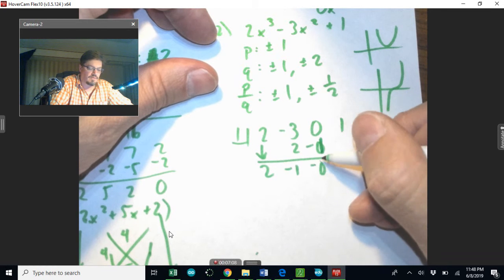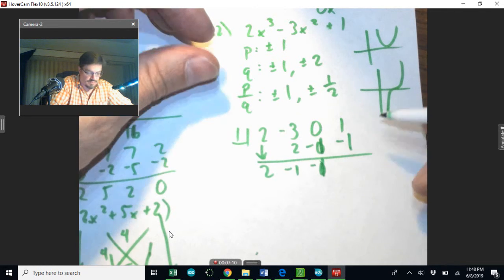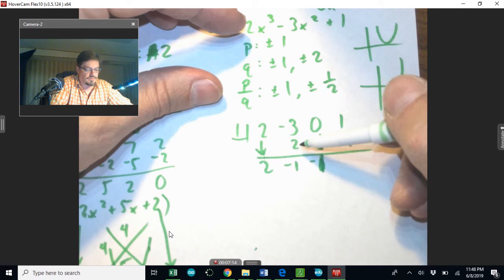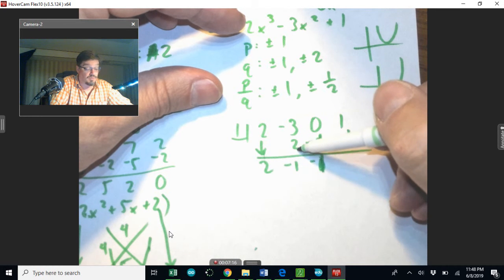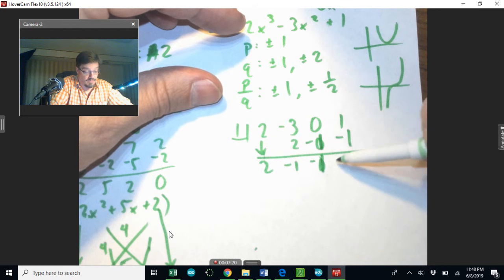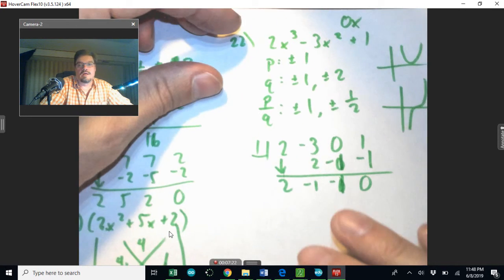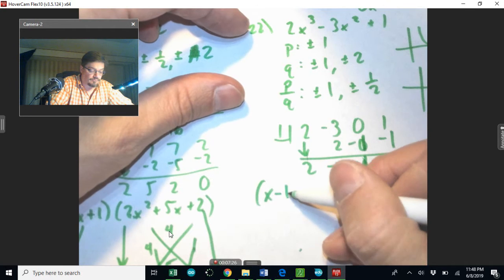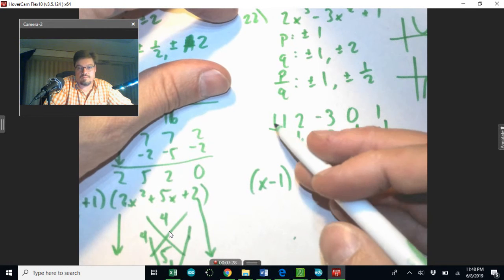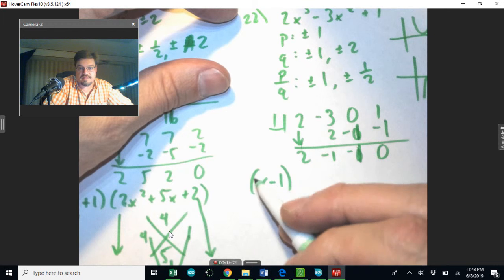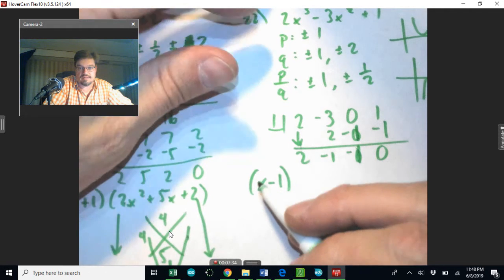Okay, I'm going to start over. 2, 1 times 2 is 2, negative 3 plus 2 is negative 1, multiply, add, multiply, 0. Okay, so it looks like positive 1. When I plug in a 1, I get a 0. So this needs to have a sign change in this representation.